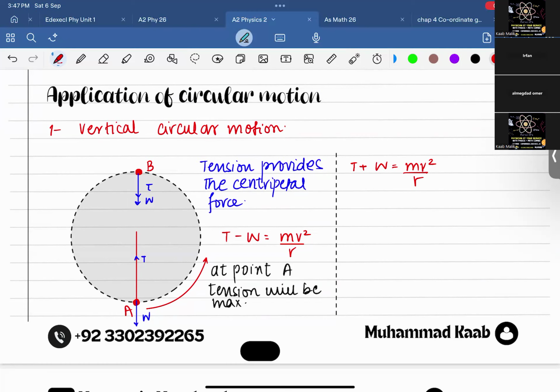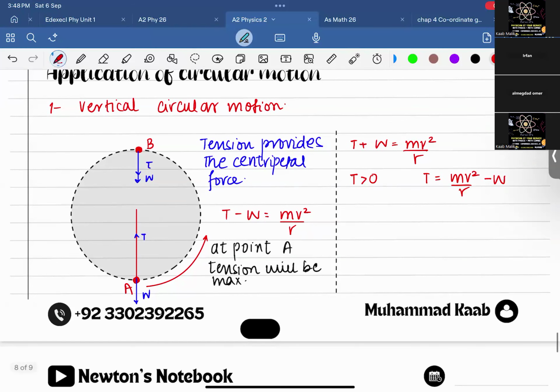Now, if you want the circular motion to complete itself, the tension should always be greater than zero. Or whatever force provides the centripetal force should always be greater than zero. Okay, so if I substitute that in the equation, tension is equal to mv square over r minus weight, and it should be greater than zero.